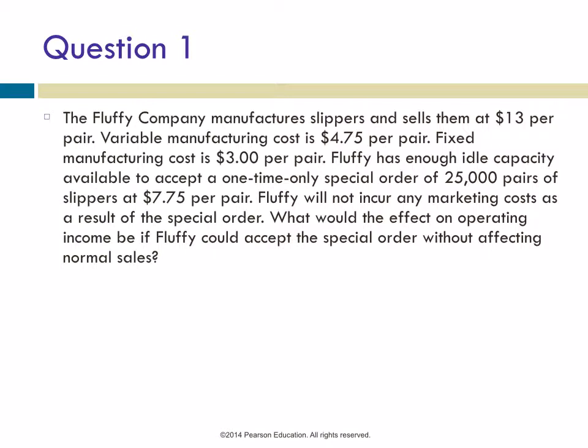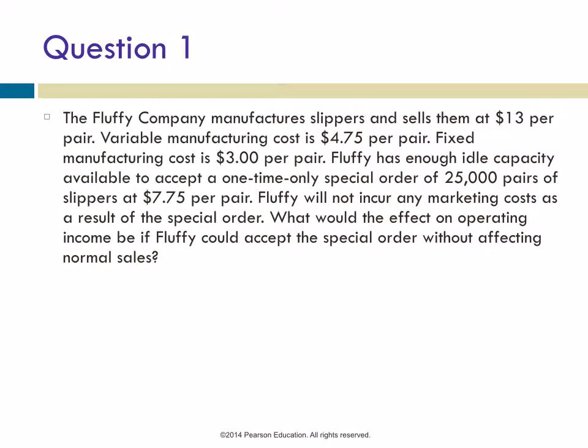So we're going to assume that normal sales happen as they normally do, and that this special order essentially has no adverse effect on anything. So all we have to do here is look at the variable manufacturing costs of $4.75 a pair.